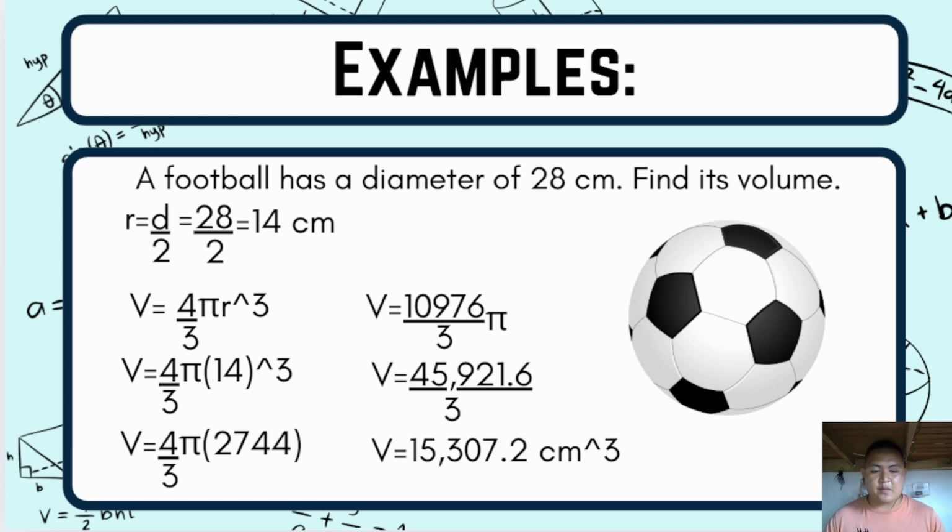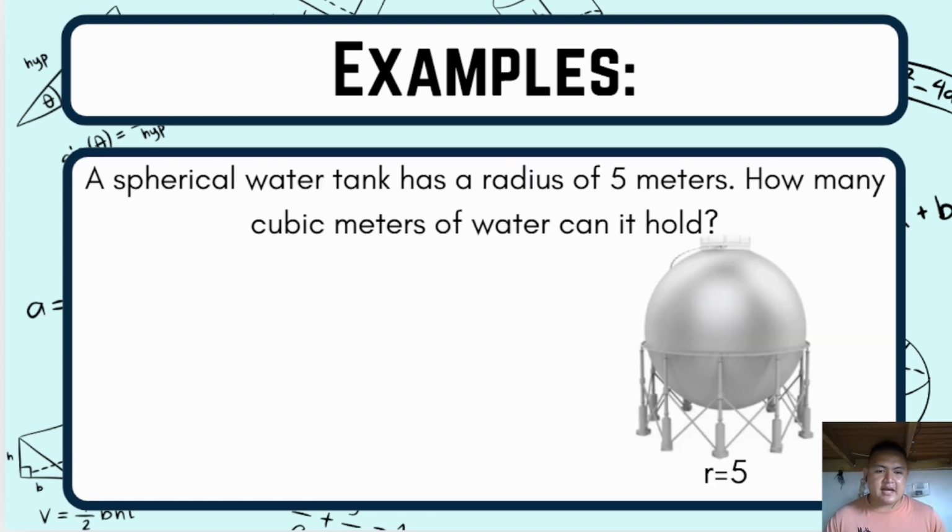Let's have another example. A spherical water tank has a radius of 5 meters. How many cubic meters of water can it hold? So our given is a radius of 5 meters. So the missing information is the cubic meters of water that it can hold.